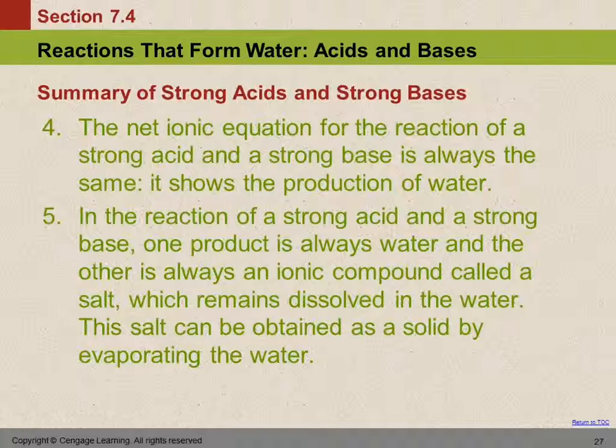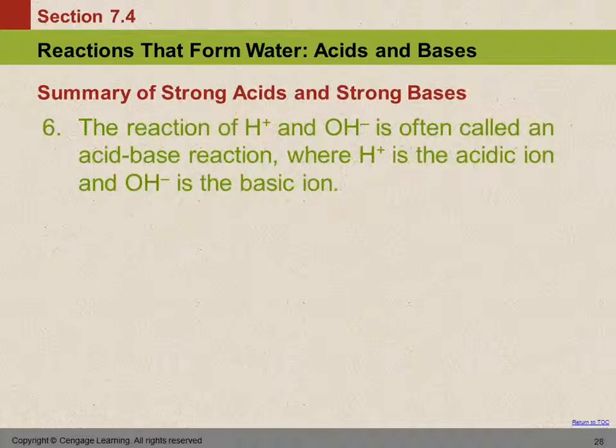It's hydrogen ion plus hydroxide ion, and it produces water. The other product besides water is an ionic compound that's called a salt, and that generally remains dissolved in the water. But you could get that back by letting all the water evaporate, and you'd have the salt left. We call these acid-base reactions.